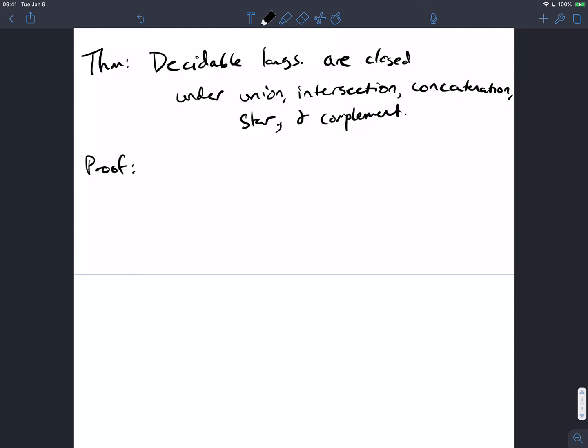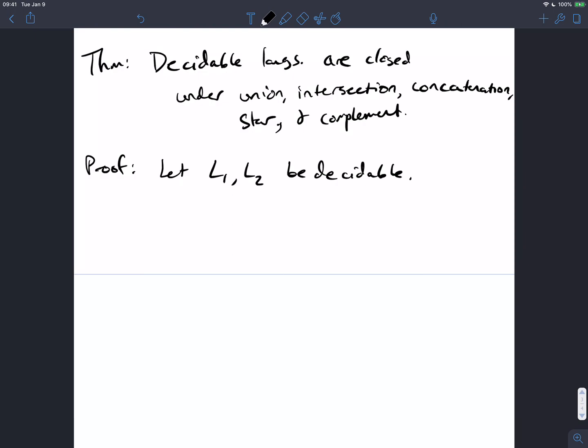So how would I show that decidable languages are closed under union, for example? If I have two decidable languages, let's let L1 and L2 be decidable. Right off the bat, what does that tell you?